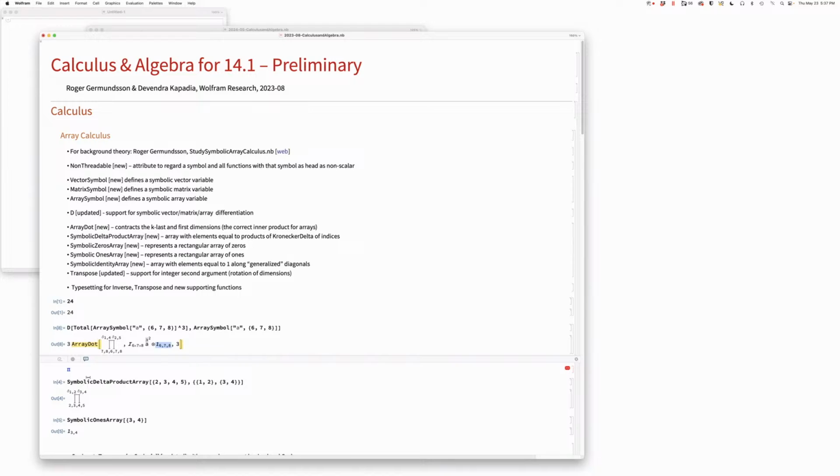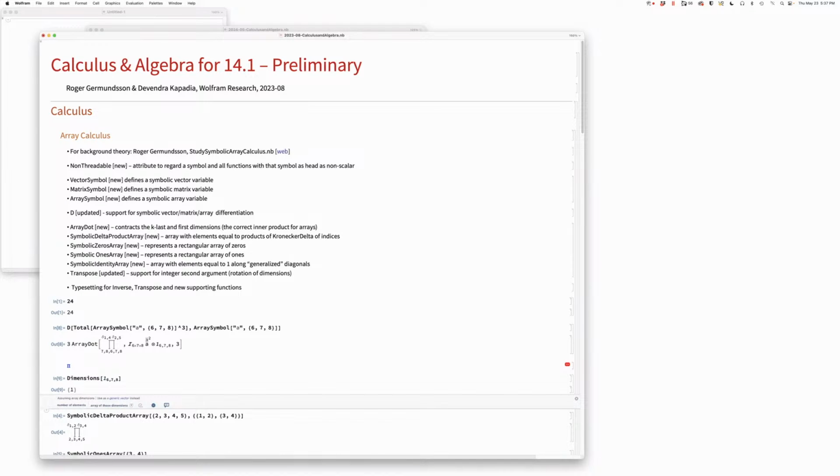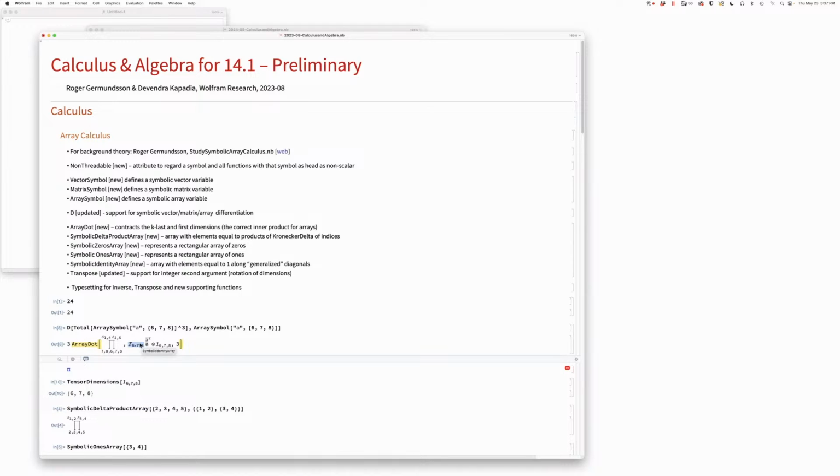What do you think the dimensions of the identity array are? Hold on. Tensor dimensions. Look at the square. What do you think the dimensions of that are? Wait a minute. Let me think for a second. I see.